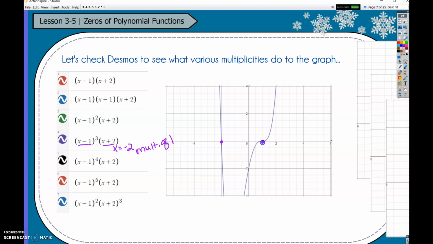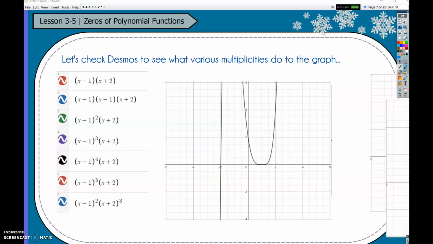It's still crossing the x-axis at 1, and it does power through and get through there, but it creates that little flattened out version there, like a lingering cross through, if you will, a little delayed. So that seems to be happening when our x equals 1 has a multiplicity of 3.